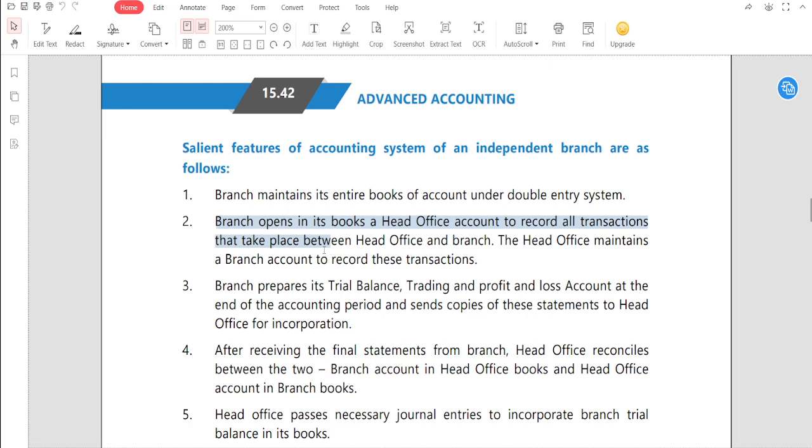So try to understand: in the books of HO, a ledger called branch account is maintained, and in the books of the branch, a separate ledger account called HO account is maintained. So we understand that the books of accounts are separately maintained. Till now we understood that the HO maintains all those accounts. But here things look very different, because we are actually reading about the independent branch. That is the fundamental point here.